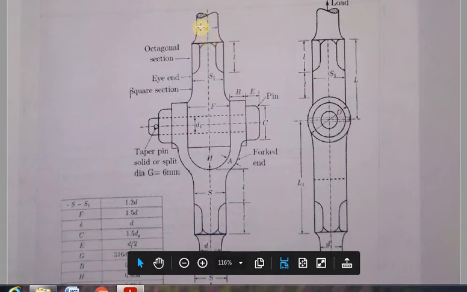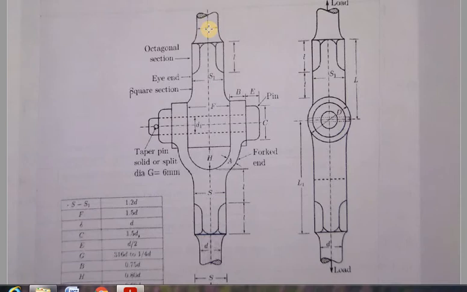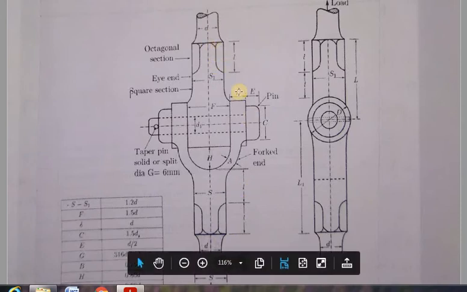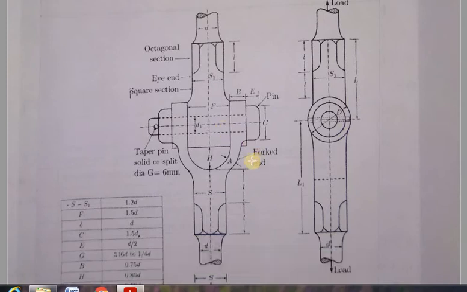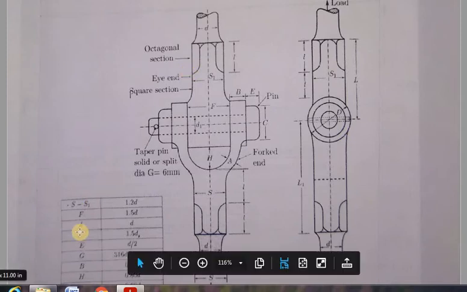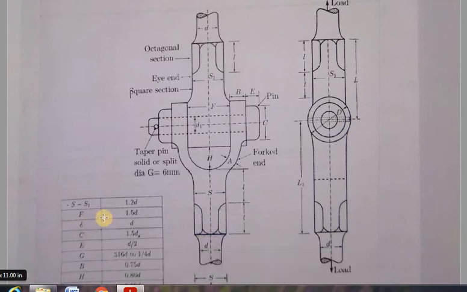Here we have another rod, and we are connecting these two rods with the help of this knuckle joint. Here we have the fork end, and this is the eye end. This figure is available in the data handbook along with its proportion table.